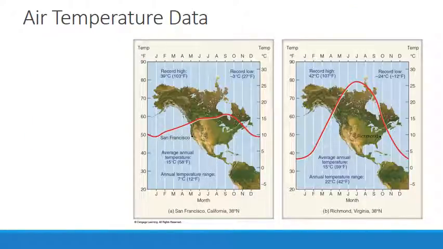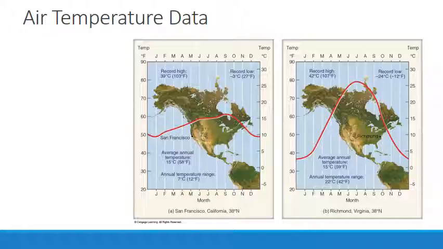But when we look here at two sample cities, and this is a cautionary note, don't assign too much reality value to the average temperature data. Keep in mind that the range of temperatures is really an important number too. These two cities, San Francisco, California, and Richmond, Virginia, have the same average temperature and are even at the same latitude.